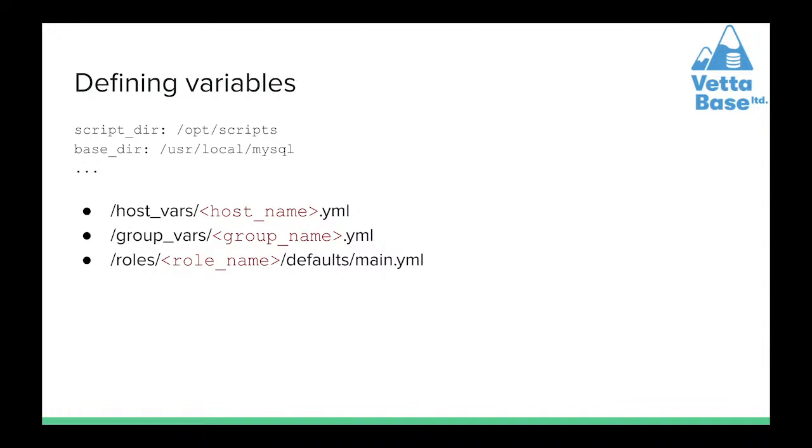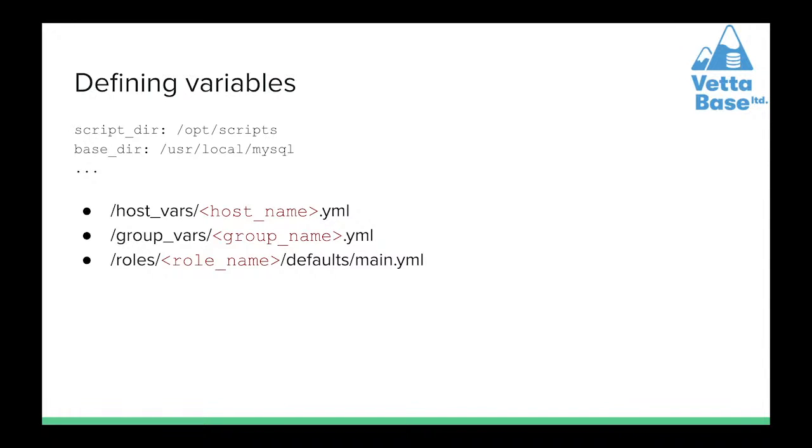In this case, the variable, of course, applies to the specified host. Then we have group_vars, and those are, of course, variables that apply to a certain group. And then we have role defaults. So if a variable is not defined for a group or for a host, the default written in the role will be applied.